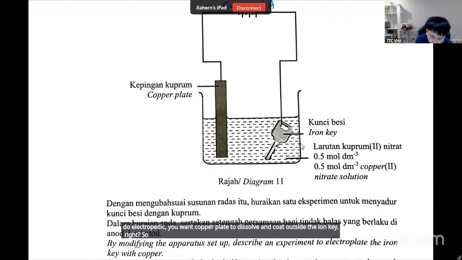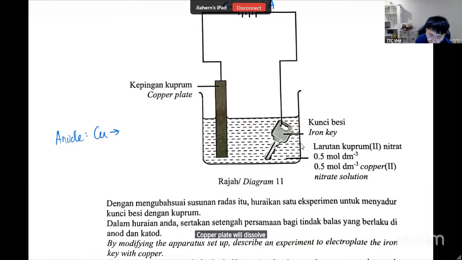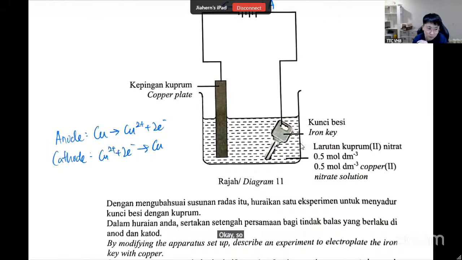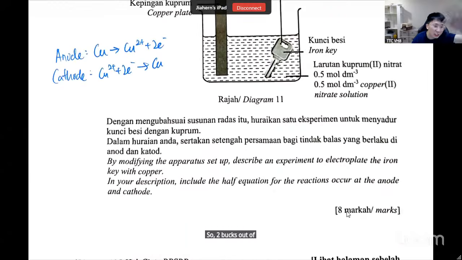So at the anode, copper plate will dissolve, Cu becomes Cu2 plus plus 2e. While at the cathode, the iron key will have Cu2 plus plus 2e becomes Cu. So guys, with this, you get 2 marks already. So 2 marks out of 8 marks, good enough.